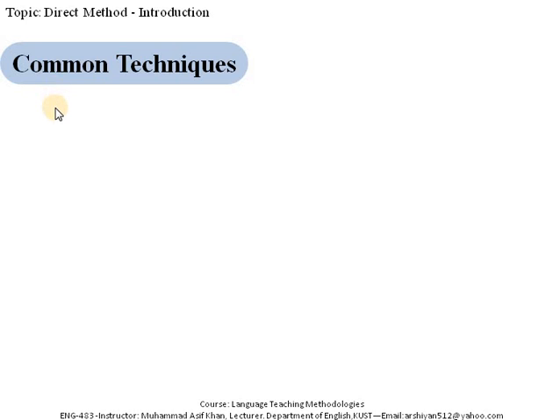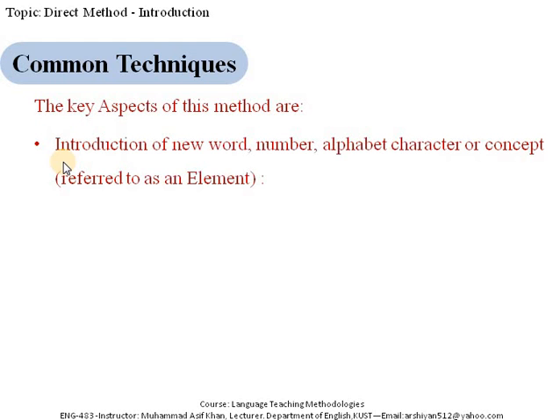Now I move towards the common techniques being used in the direct method. The key aspects of this method are that when we are introducing new concepts like new words or numbers or alphabet characters or any concept, which are often referred to in direct method as elements, then we use a strategy that is show, say, try, mold, and repeat.